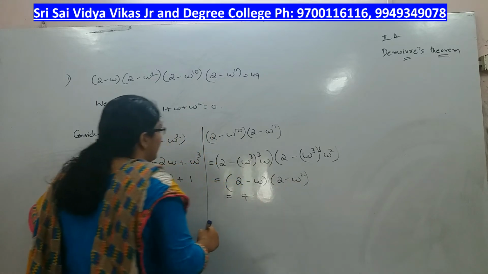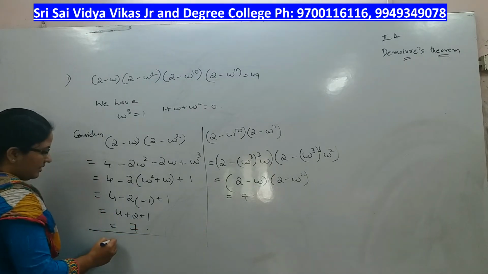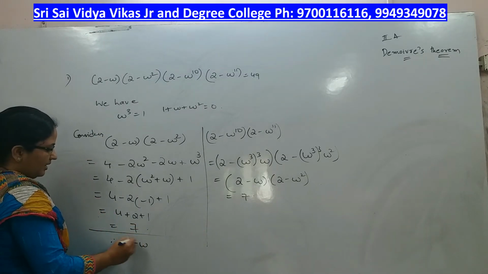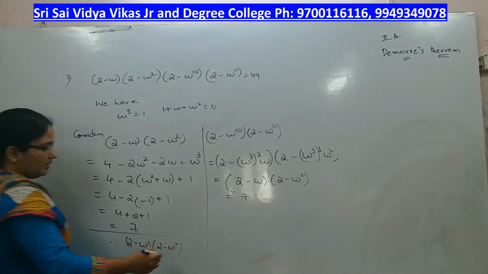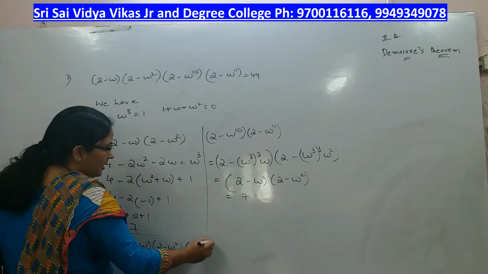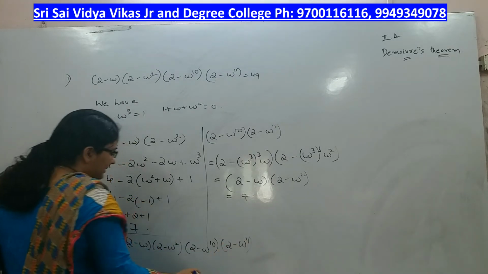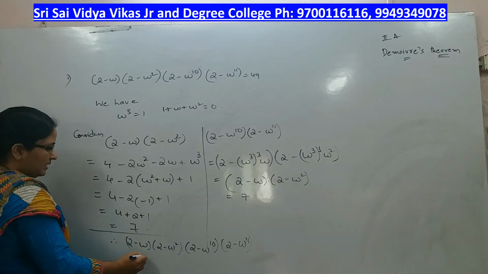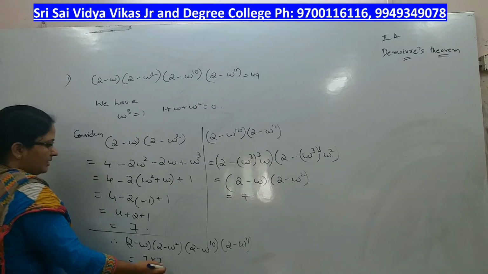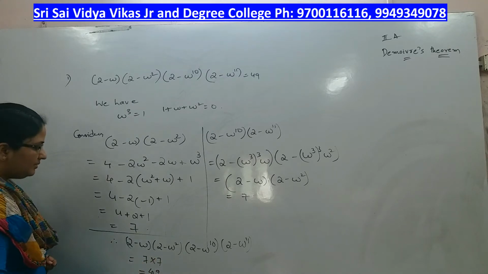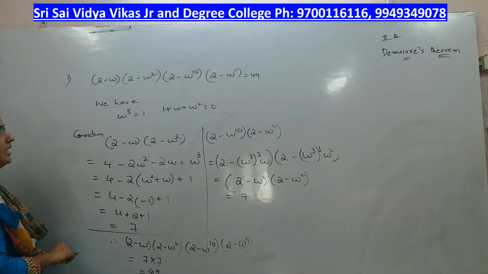Therefore (2 − ω)(2 − ω²)(2 − ω¹⁰)(2 − ω¹¹) is equal to 7 into 7, which is equal to 49.